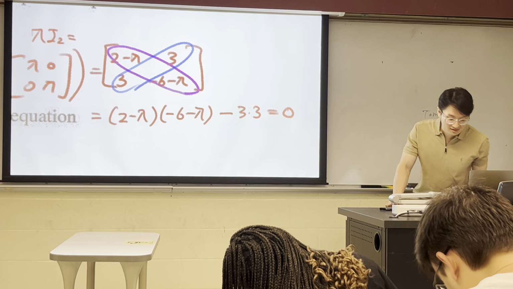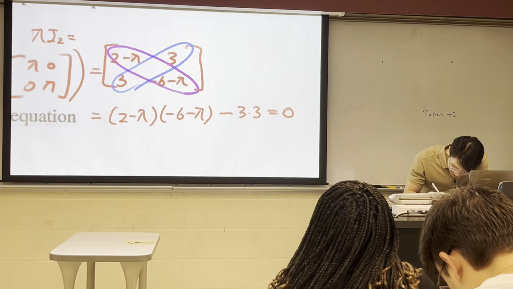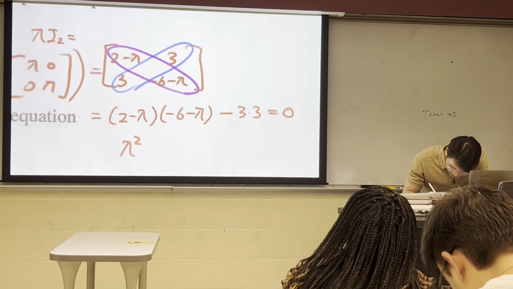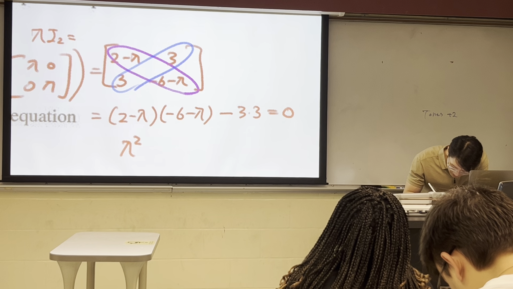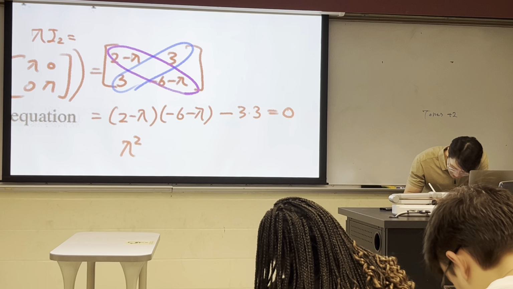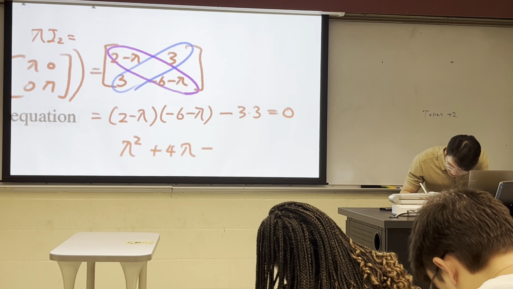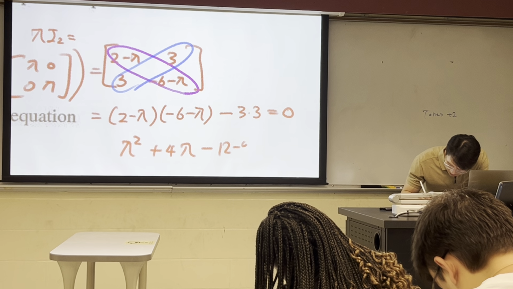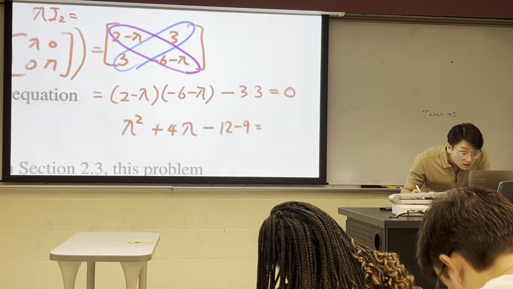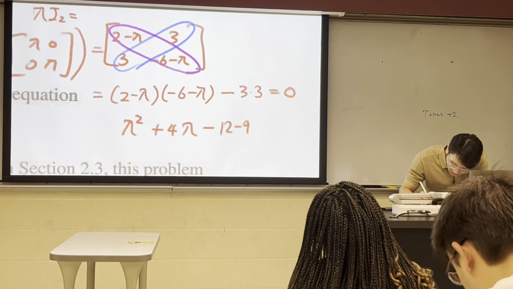What do you get? I get the same answer. Then that's your plus 4 lambda minus 1. Is that what you have? Minus 12 and 12 is 9. So it's going to be 21.